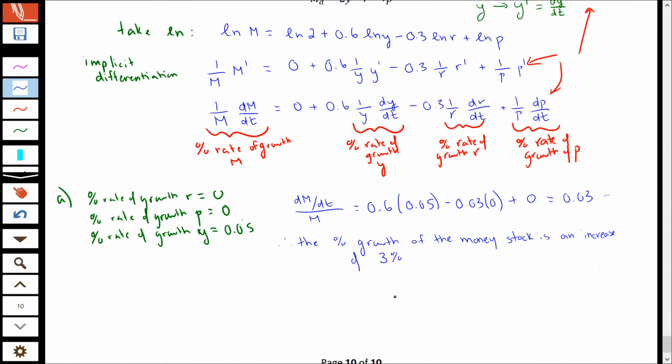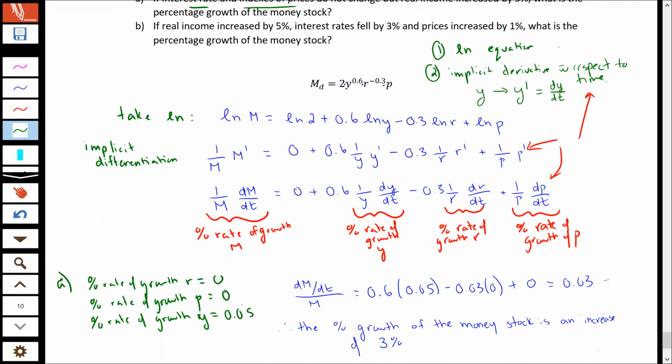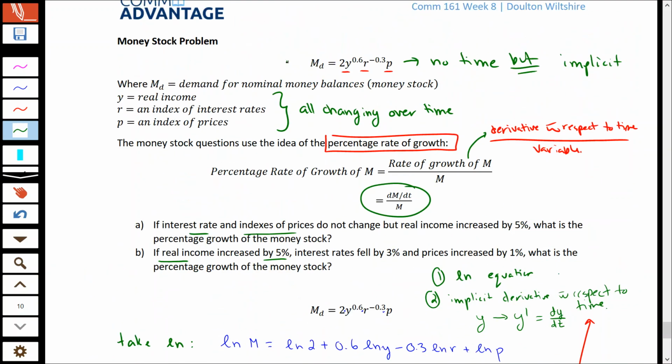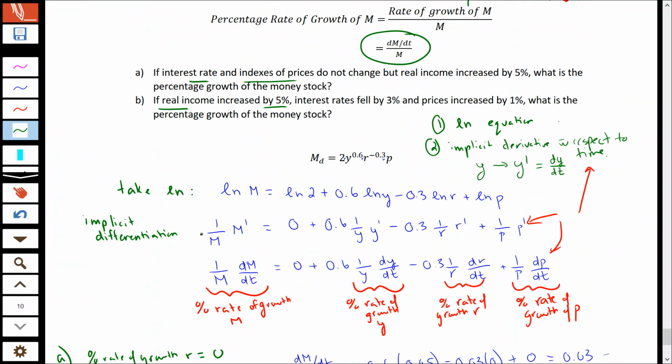And honestly, we don't care what information they give us. So in part B, if we look at what's going on, it says real income increased by 5%. So real income is Y, so our percent growth of Y is 5%. And then it tells us interest rates fell by 3%.